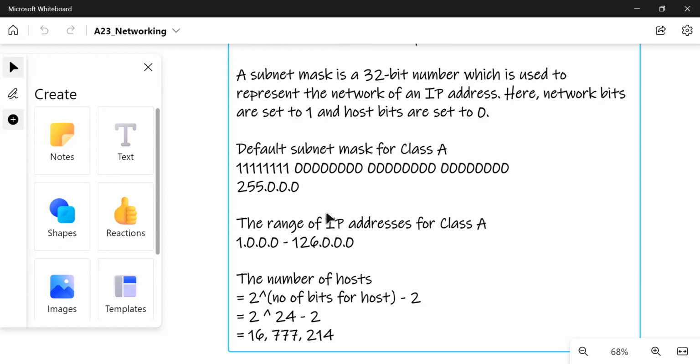So the minimum value that you can have is 1, so the range will start with 1. Then the maximum would be all ones, but normally all ones also you are not going to consider. So you will use 126. So the range will be from 1.0.0.0 to 126.0.0.0.